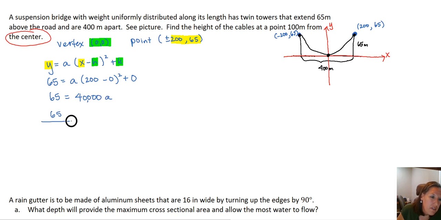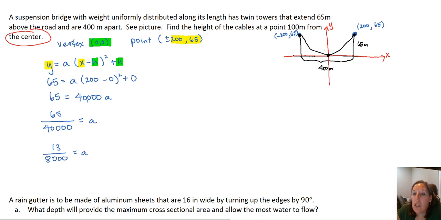And so we get 65 over 40,000, and we can simplify that. That simplifies to 13 over 8,000 as our a value.